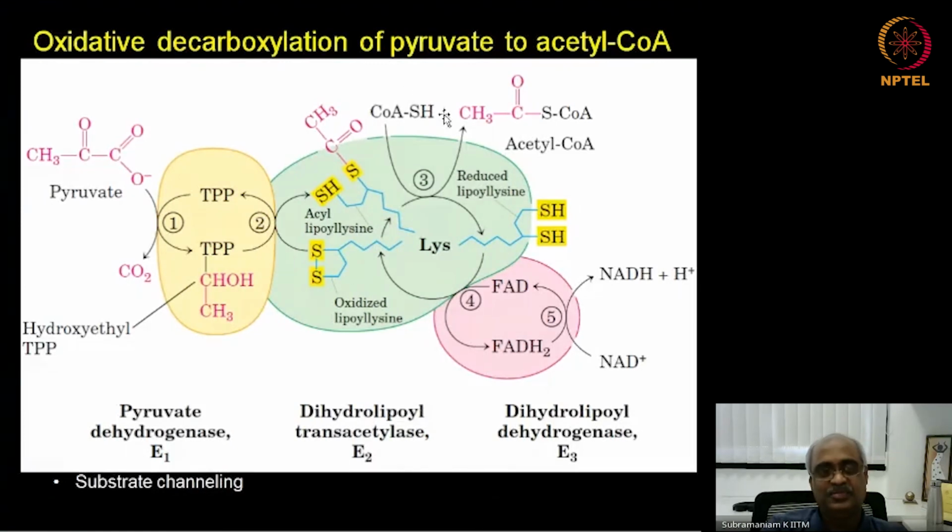And the next step, substrate is these two, and so on. So in this kind of a complex, the product of one enzyme is the substrate for the next one, and in between the product is not released into the surrounding medium, meaning the cytoplasm or wherever this is happening.